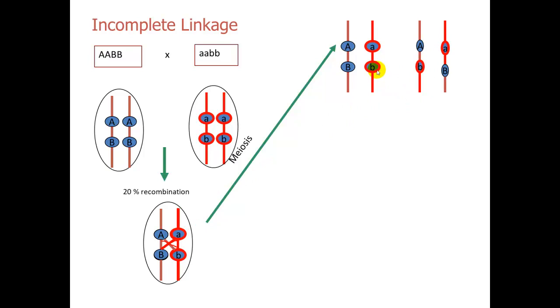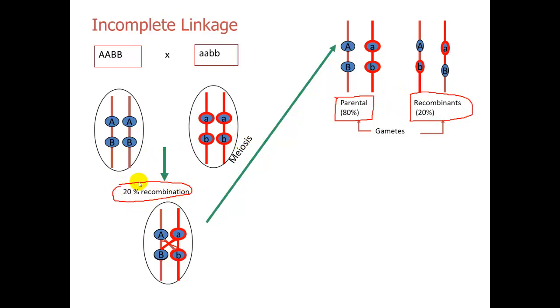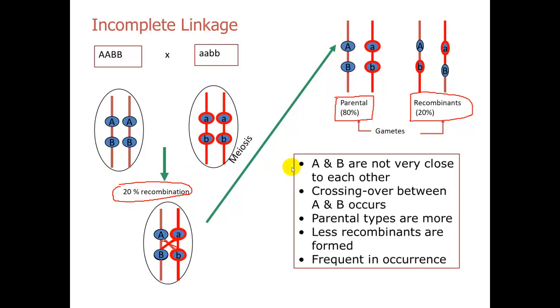So what we see, 80% parental form, 20% recombinants, right? Because we have taken into consideration 20% recombinants. So what we see, here A and B are not close to each other, so that's why crossing over between them is possible. Parental types are more, less recombinants, and this is of frequent occurrence in our nature, right?